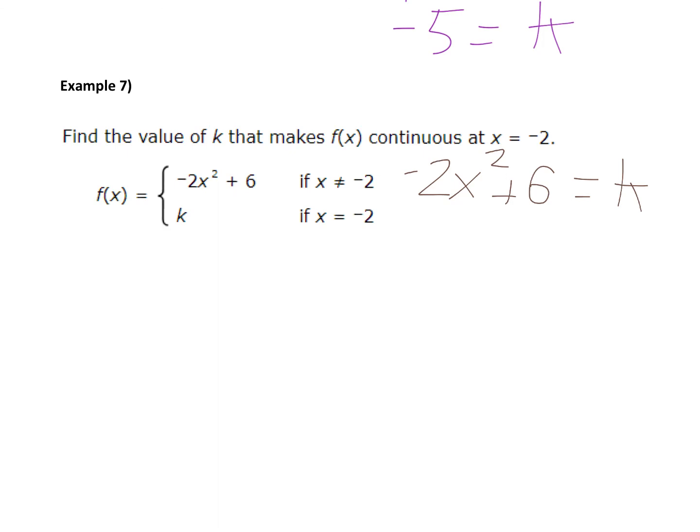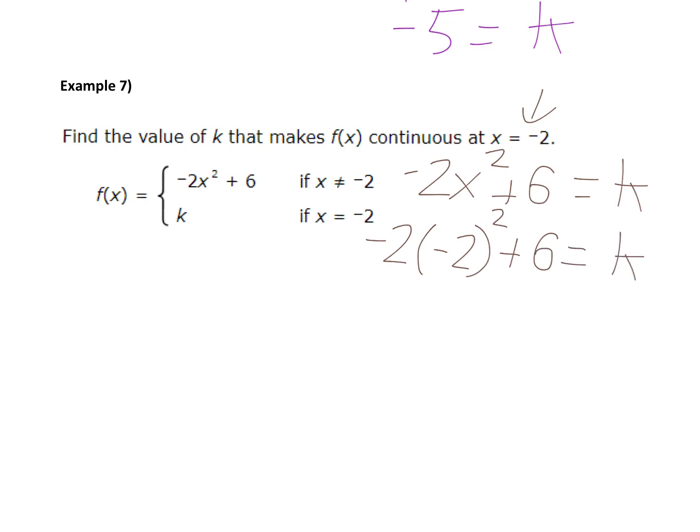Once more, it looks like we have two variables, but we don't, because we're looking at this only at the point x equals minus 2. So let's plug in what we know. We have negative 2 times negative 2 squared plus 6 is equal to k.